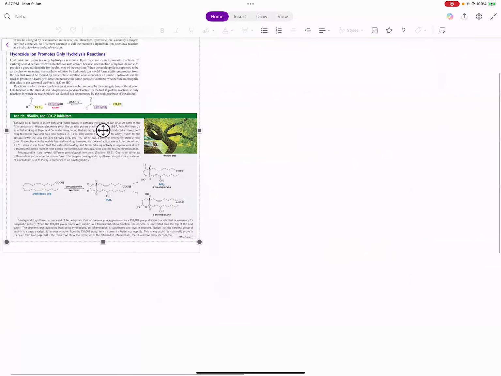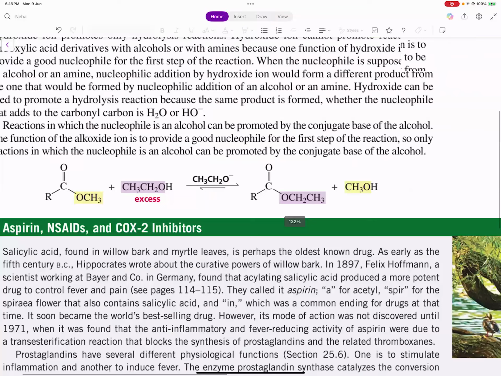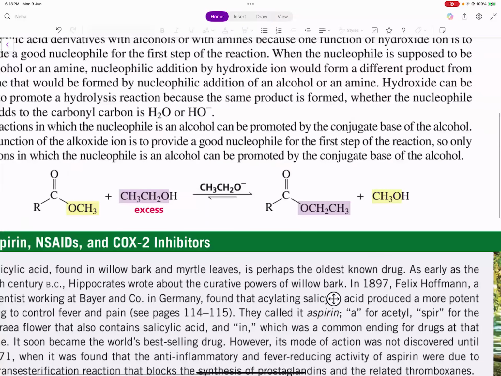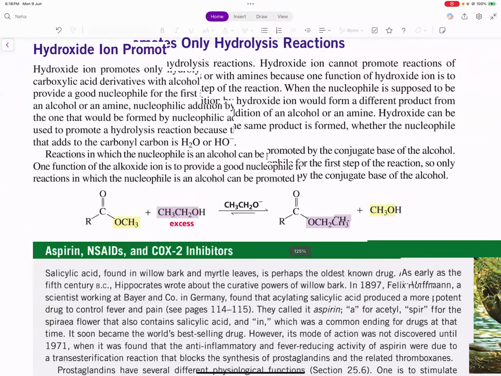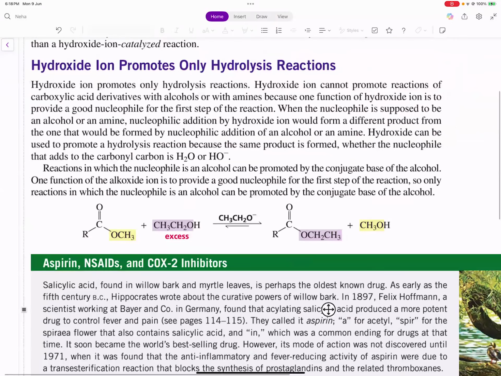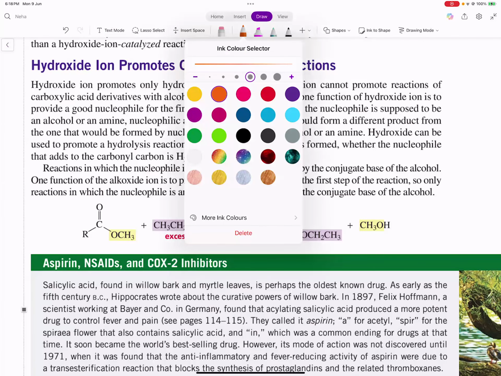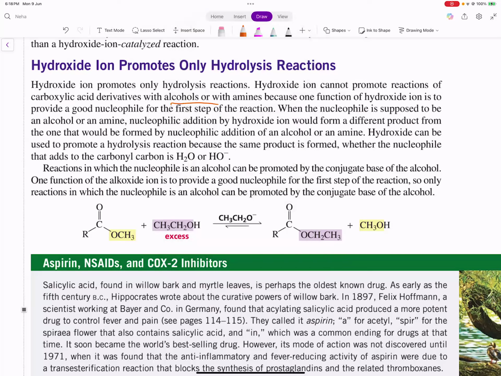So again, you can see what has happened here. Hydroxide ion promotes only hydrolysis reactions. It cannot promote reactions of carboxylic acid derivatives with alcohols or amines, because one function of hydroxide ion is to provide a good nucleophile for the first step of the reaction.